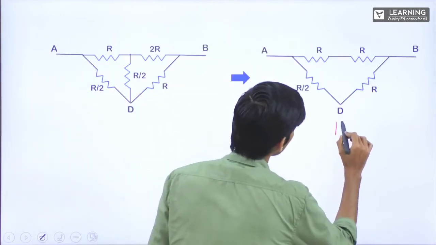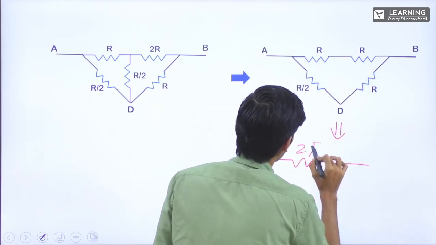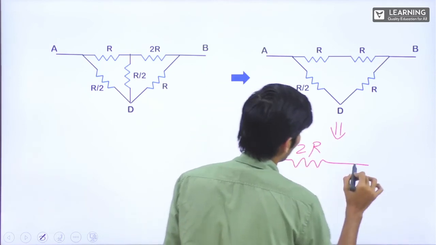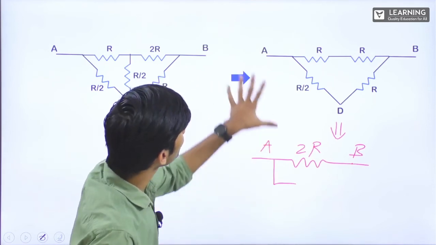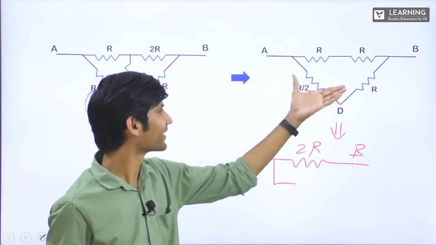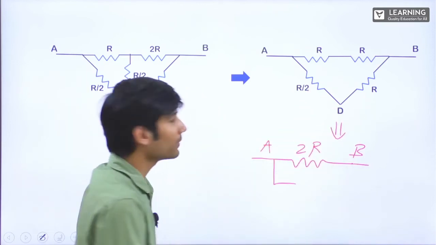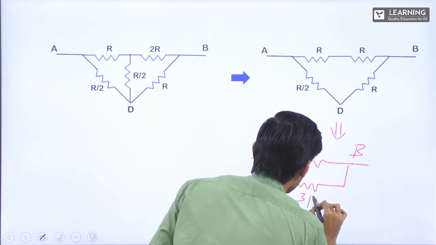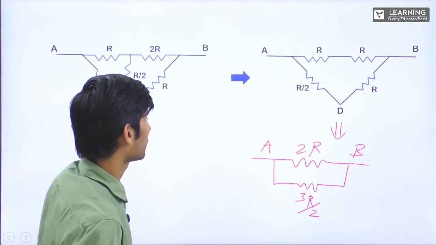See here. R, 2R. So many R's are there. Do not get confused by the R's. Fine. Just focus here. R, 2R. Now this R by 2 and R will be 3R by 2. R by 2, R by 2, 3R by 2.